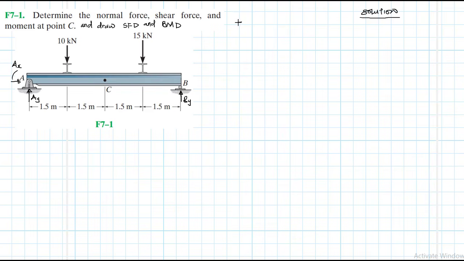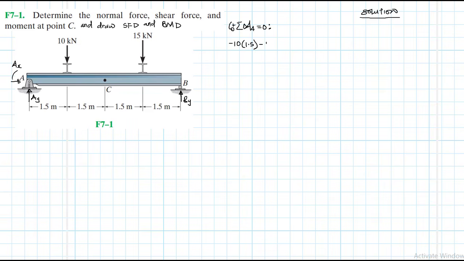So we'll have summation of moments about point A, and clockwise being our reference. What we have? We have a negative moment 10 times the lever arm 1.5. Okay, so we want to find support reactions.